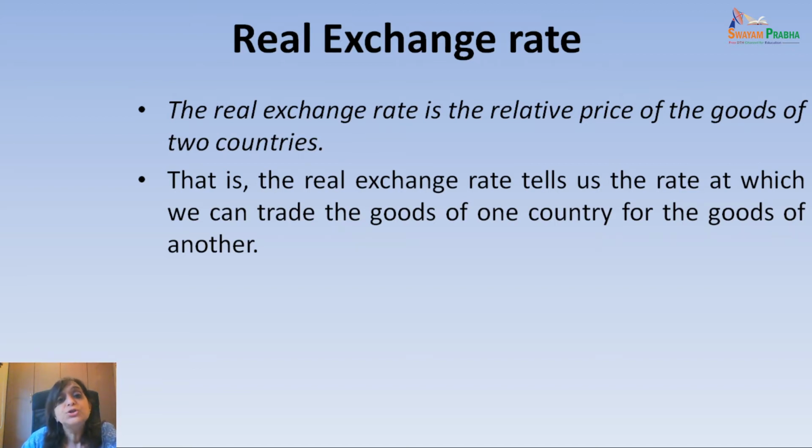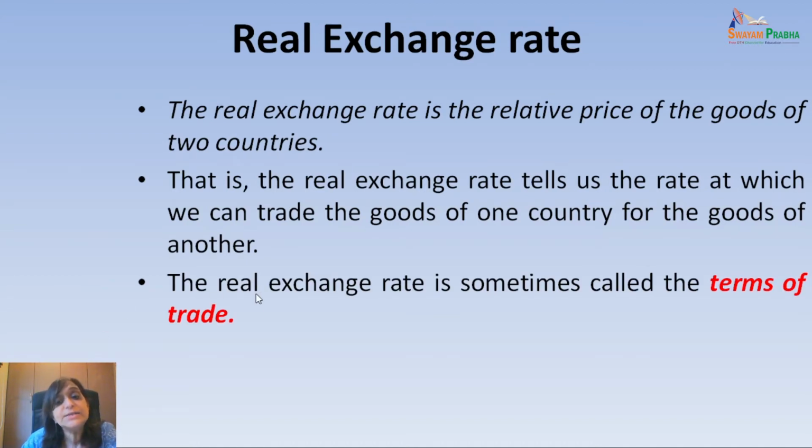But here you are talking about how much goods you can purchase in one country for the goods of the other country. So whenever we talk about real exchange rate, we are talking about units of goods with which you can purchase goods of one country for the goods of another country. This we are doing by comparing the price level in both countries.